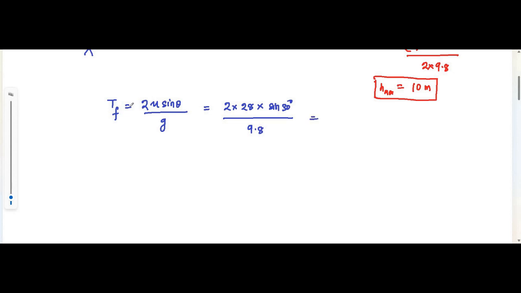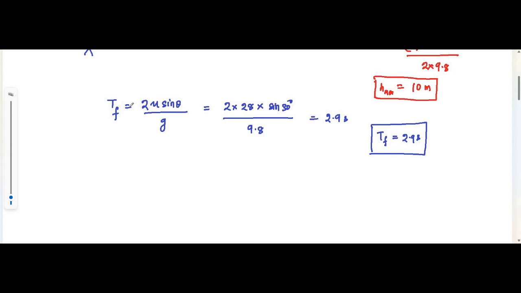The result is coming around 2.857, so rounding it off, it's 2.9 seconds. This is the time of flight. So time of flight is 2.9 seconds.